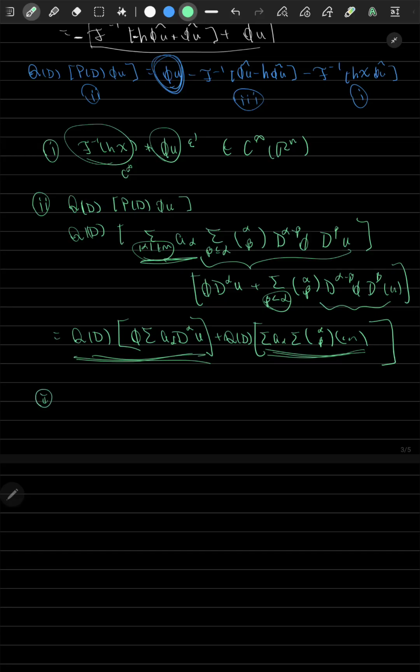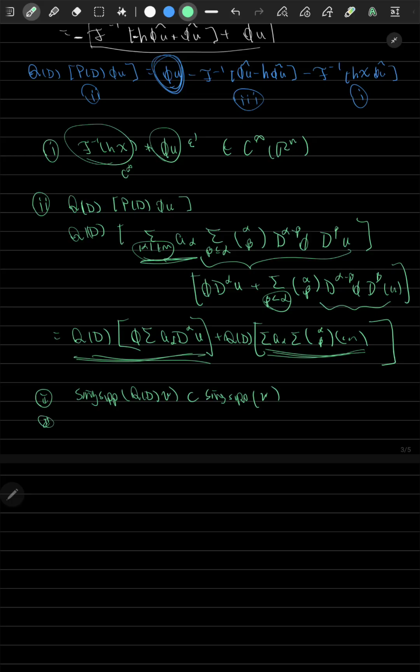One of them is that every time we apply Q_D on something, if V is a tempered distribution, we have that the singular support of Q_D V is contained in the singular support of V, right? So this is a pseudo-locality kind of property.